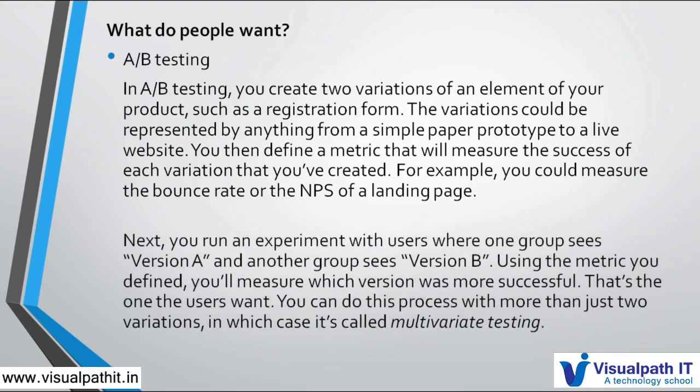Next, you run an experiment with users where one group sees version A and another group sees version B. Using the metric you defined, you will measure which version was more successful. That's the one the users want. You can do this process with more than just two variations, in which case it's called multivariate testing.